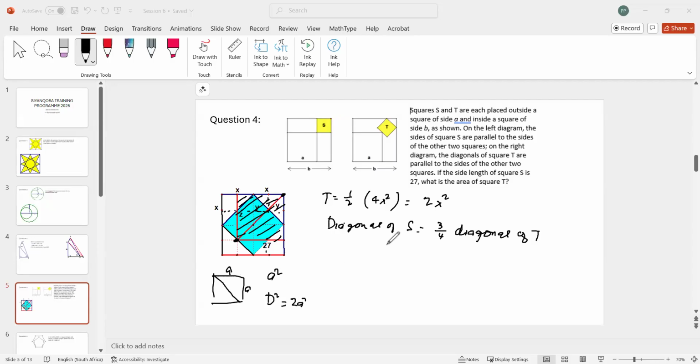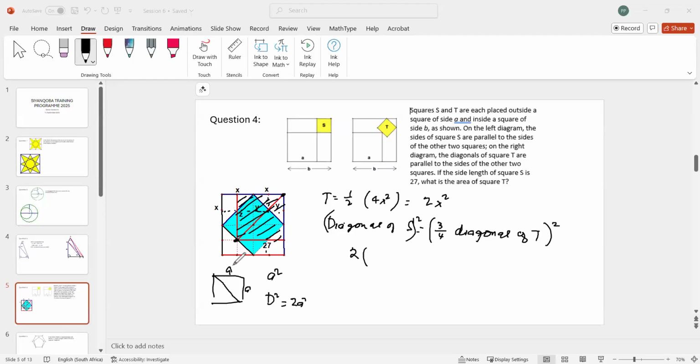So the square of the diagonal is twice the square of the side.